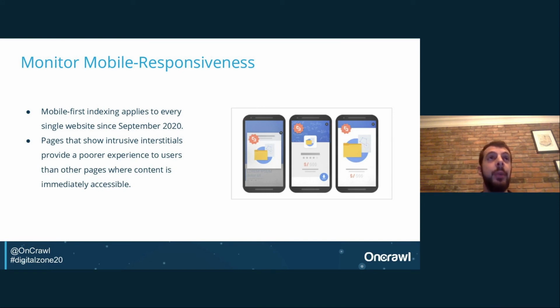So if you are a media website with intrusive interstitials, I would recommend working on that ASAP, because it has a huge impact on the traffic and on the page experience.